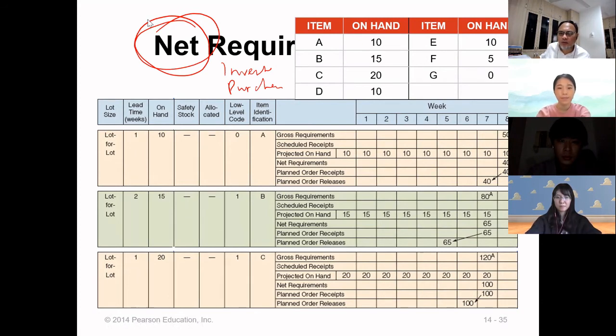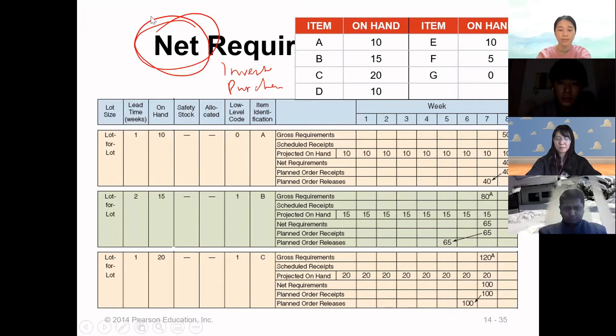Because if we order the parts, it is waiting, it is coming. I'm not going to go into detail this week because I don't think I have time. Next week, definitely I'm going to explain in detail these net requirements.